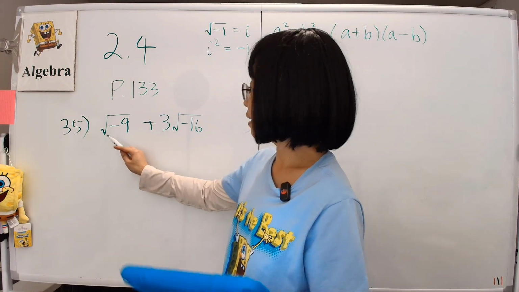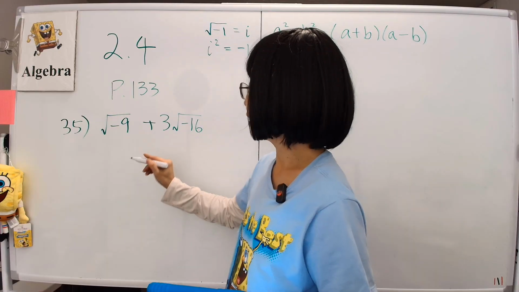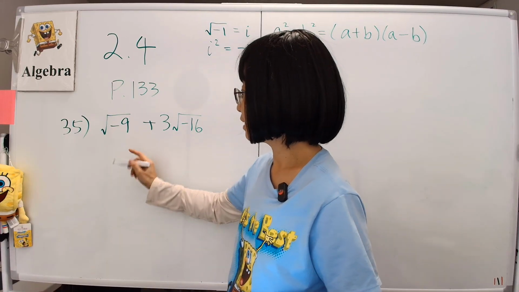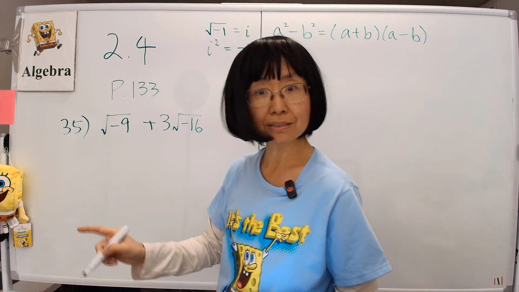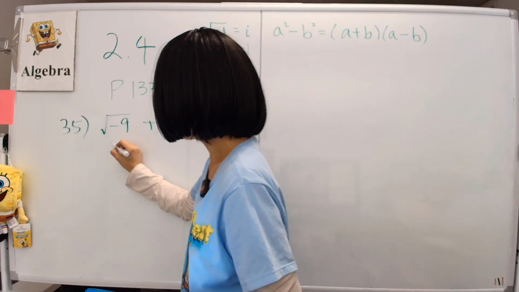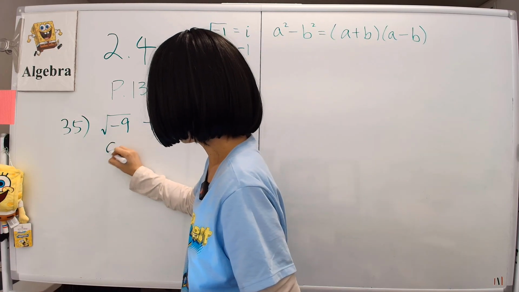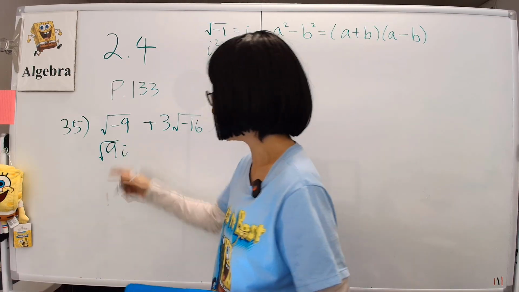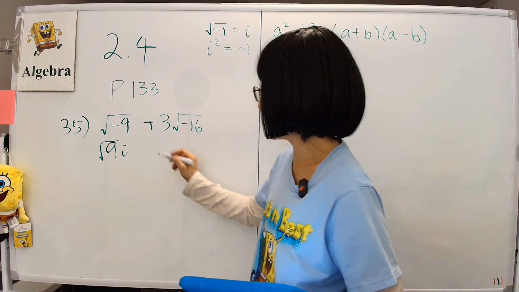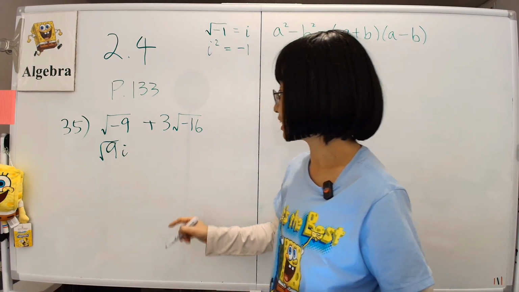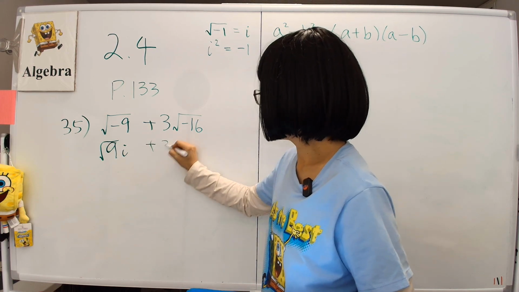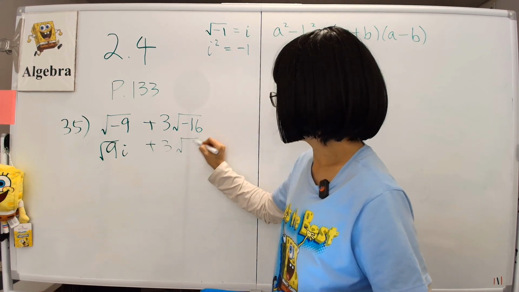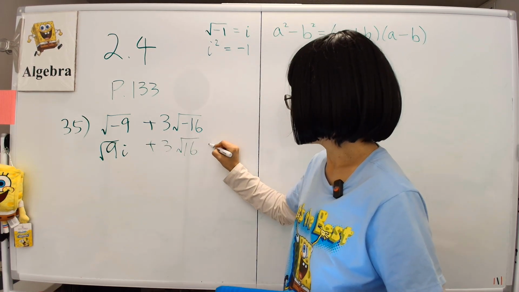Now, we have square root of -9. Anytime you see a negative sign, you can just take out the positive number and write down i for it. That is, square root of -9 is the same as square root of 9 times i. And we still need to take the square root of 9, but at least you can just take the i out. Plus 3 times the same thing here. That is the same as square root of 16 times i.